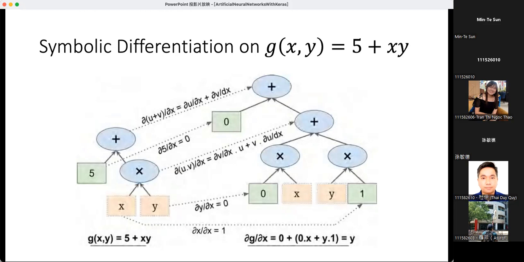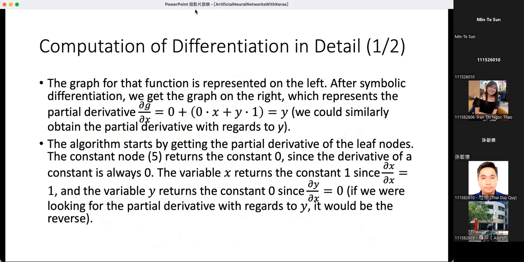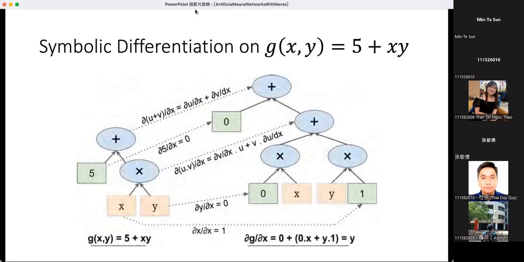Obviously, for a small tree like the left hand side, with this symbolic differentiation technique, even though it's done automatically by the computer, it could grow into a big tree very easily, especially if your function has a lot of multiplications. But you can also simplify the tree on the right hand side.